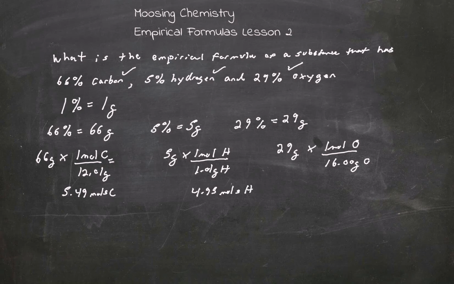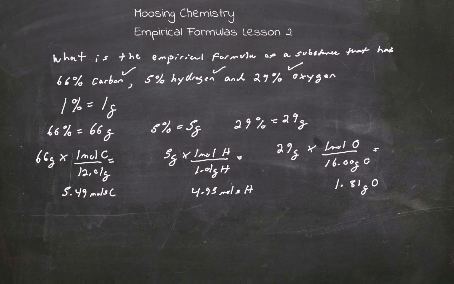And then, of course, 29 grams divided by 16.00 grams gives me 1.81 moles of oxygen.